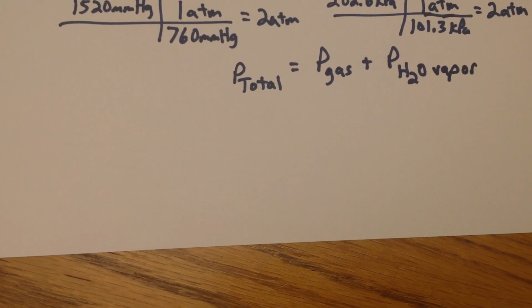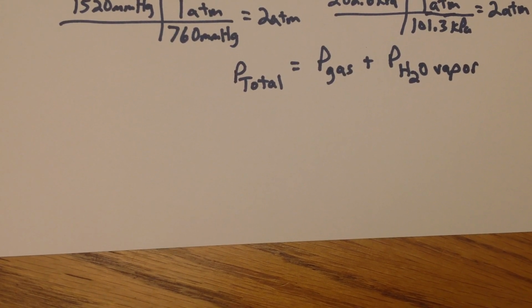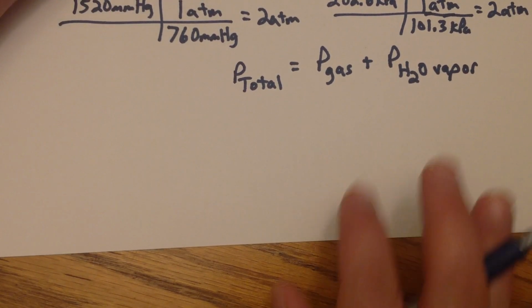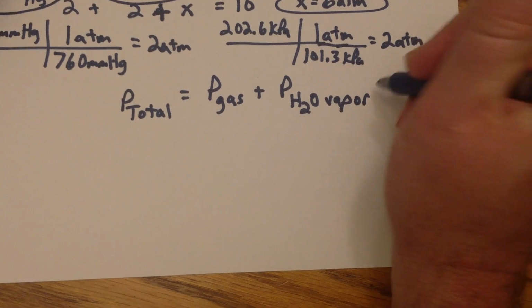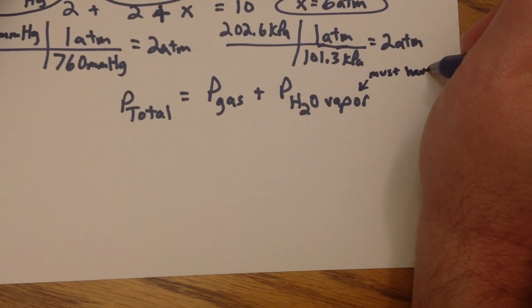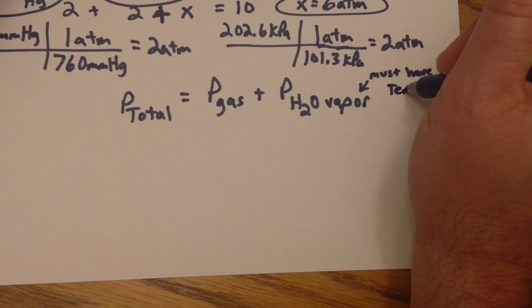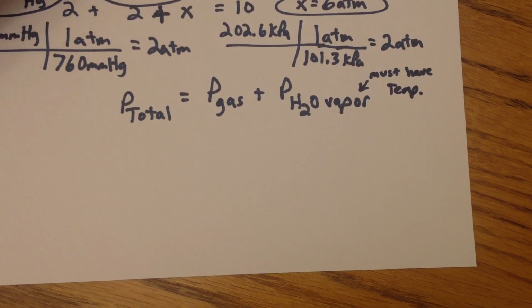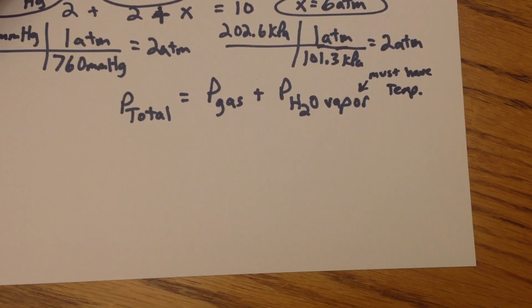On the back of your notes, you'll see a whole chart that says vapor pressure for water. Now you have to have a temperature, so I'm going to write that over here. Must have a temperature in order to look up the water vapor. Once you have that and you know your P total, you just subtract.